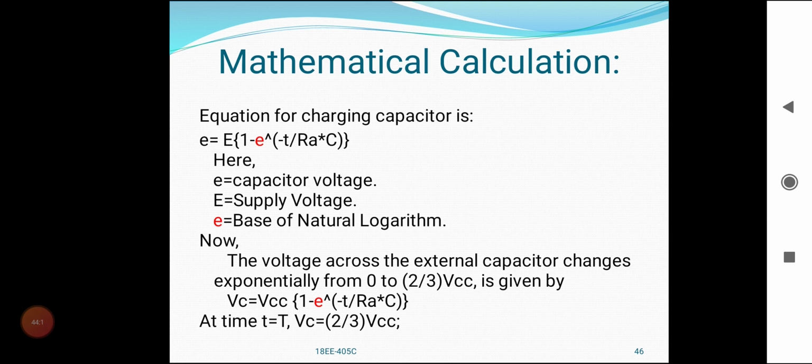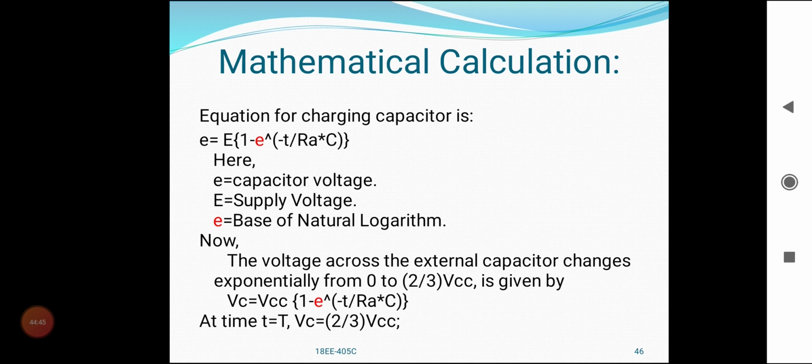Here e is the capacitor voltage, capital E is the supply voltage, and e is the base of the natural logarithm. Now the voltage across the external capacitor changes exponentially from 0 to 2/3 VCC and is given by VC = VCC(1 - e^(-t/RC)).